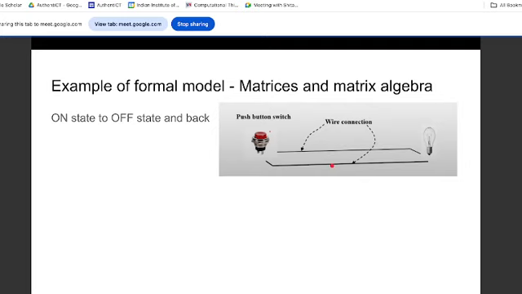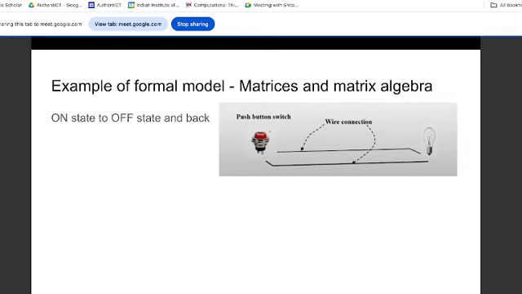Okay. Now, let us take an example of the formal model. So we learned that it is basically a mathematical representation. This example uses matrix algebra to express how a push button switch operates a bulb.